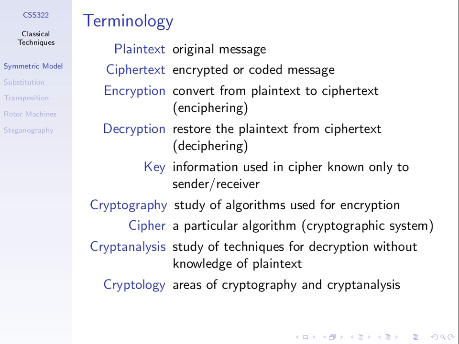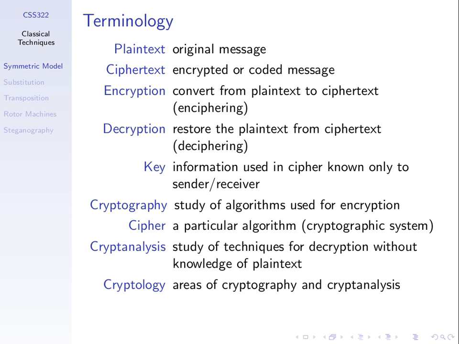The terminology we'll use is that the original message is called plain text. We're going to encrypt the plain text, and the output of the encryption is called ciphertext, the encrypted or coded message. Encryption is the process of converting from plain text to ciphertext, also called enciphering. We'll refer to it as encryption.